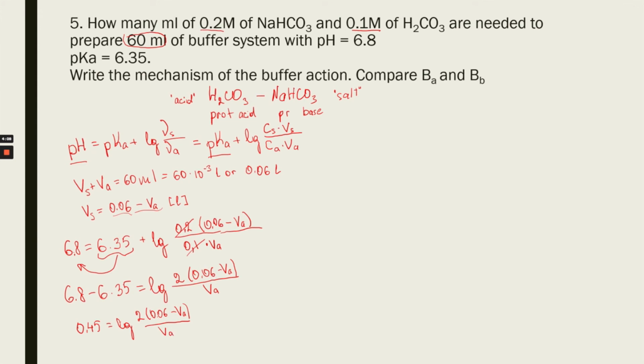And now to remove this logarithm, we will do 10 power 0.45 is equal 2.006 minus VA divided by VA.